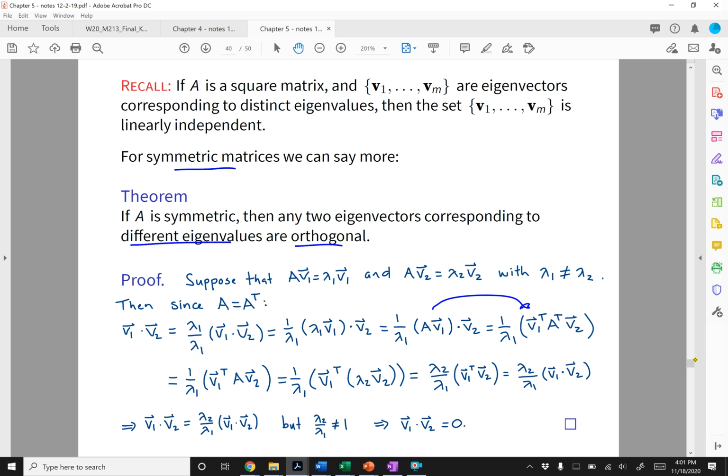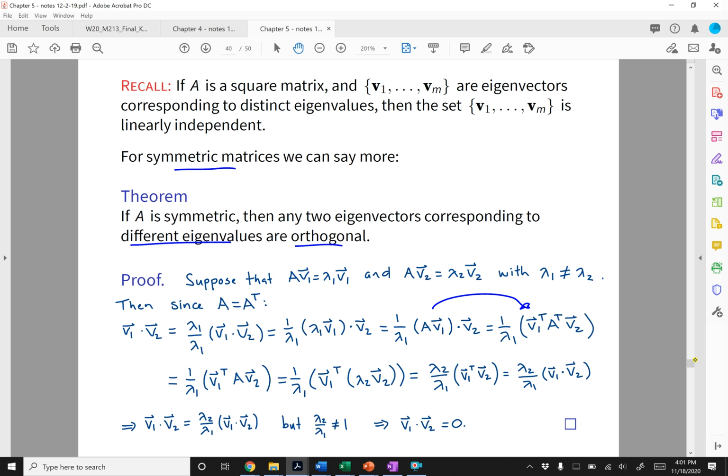Here's the fact that they use, that the eigenvectors of A and A transpose are the same, and here A equals A transpose, so they can rewrite it this way and then keep going, and eventually we get down to the fact that v1 dot v2 has to equal lambda 2 over lambda 1 times v1 dot v2.